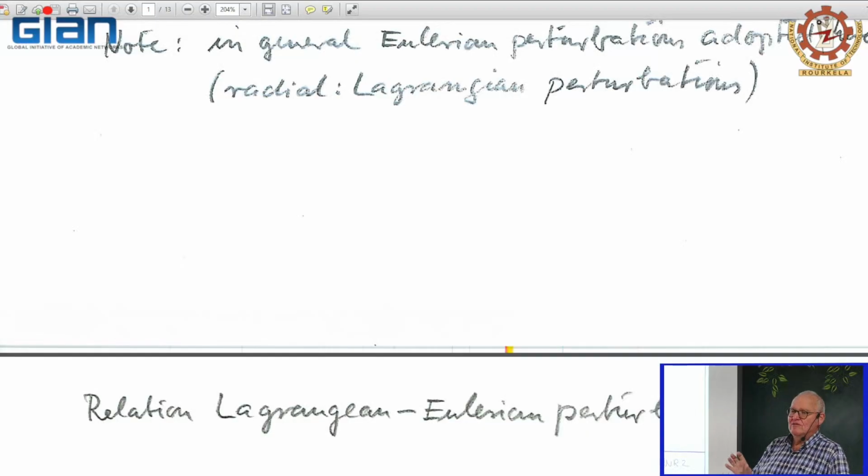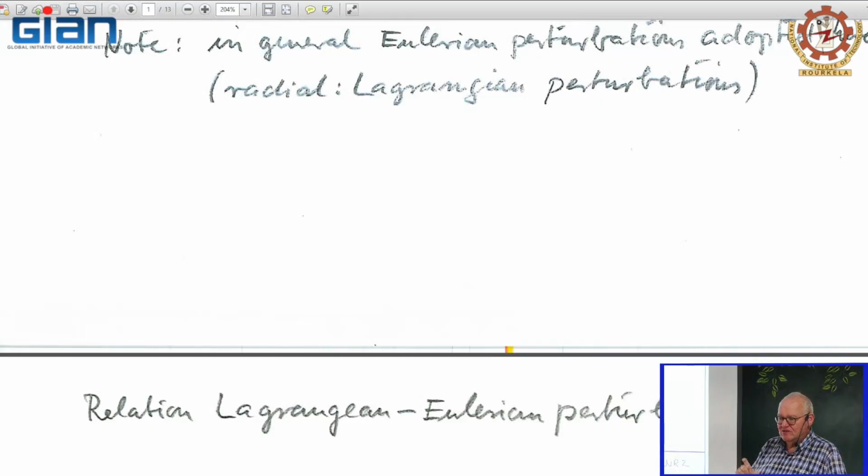That means we perturb also the new position. So it's moved to another position, and the difference between the position in the unperturbed system and the perturbed system is called the Lagrangian displacement.